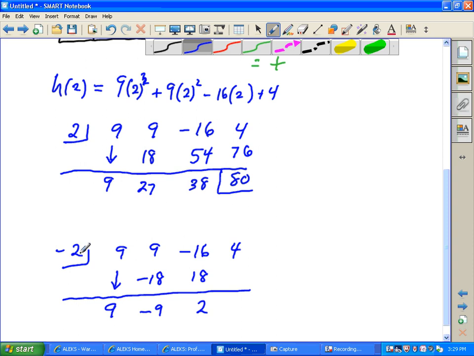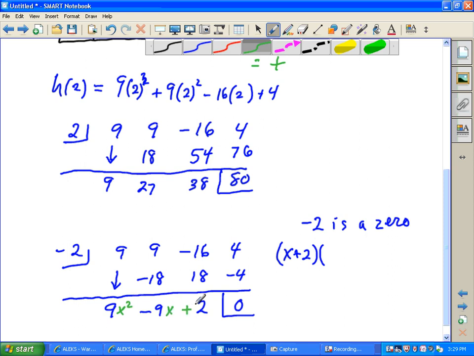2 times negative 2 gives you a negative 4. And when you add those, you got a 0, which means what? Negative 2 is a zero, which means x minus 2, or x plus 2 rather, is a factor, and the other factor is 9x squared minus 9x plus 2.